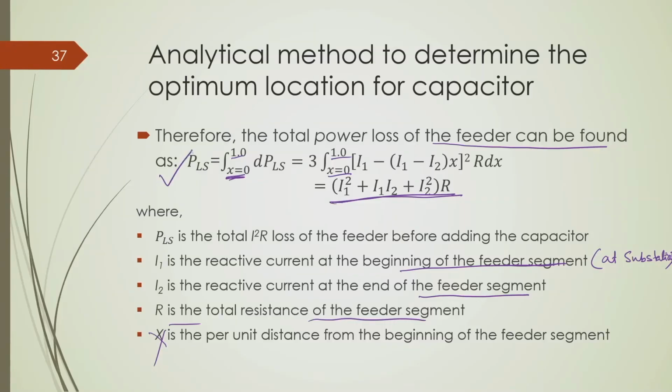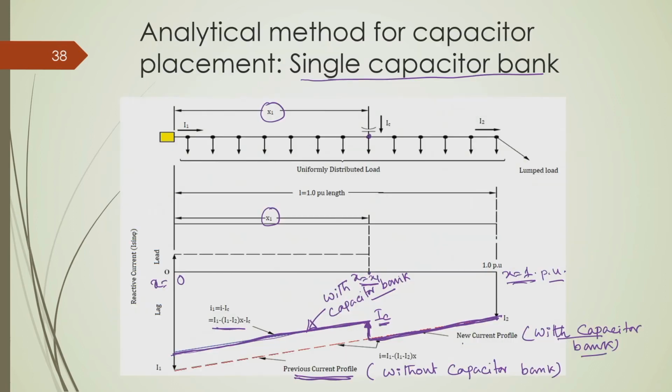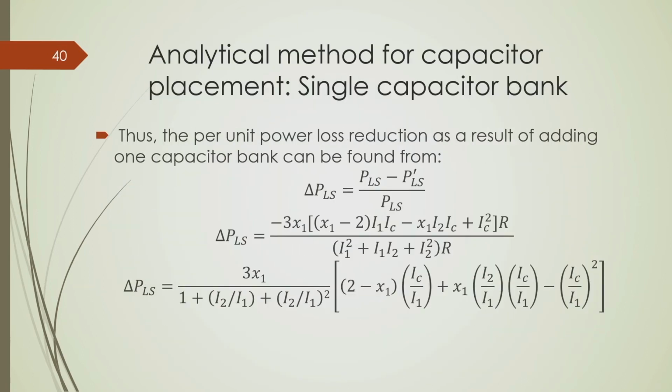Another is power loss without this capacitor bank, okay, without this capacitor bank, and we will take the ratio of this power loss reduction with respect to this power loss without this capacitor bank.